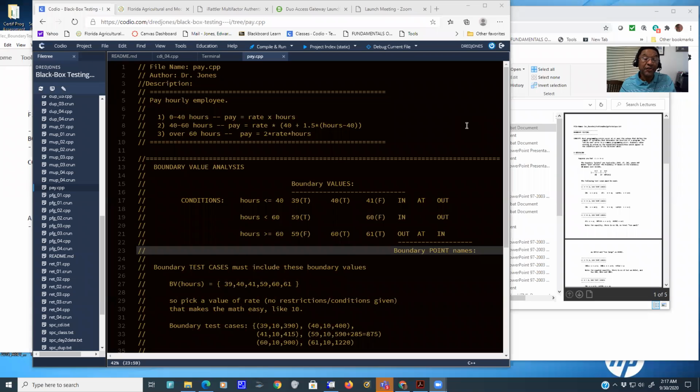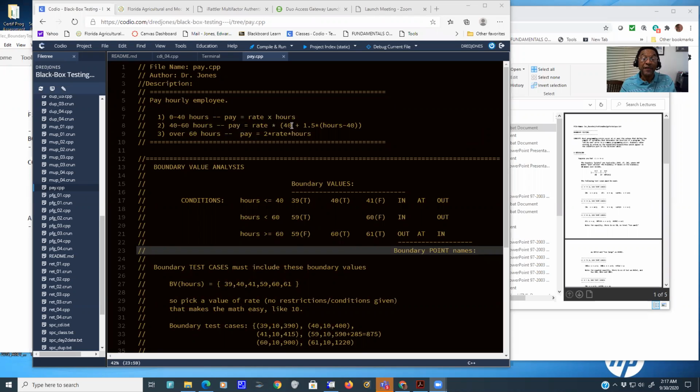The program has two variables, hours worked and the pay rate. And the specification tells you that when you are working from 0 to 40 hours, you get paid for the hours worked. Between 40 and 60, oh shucks, the pay rate is overtime.